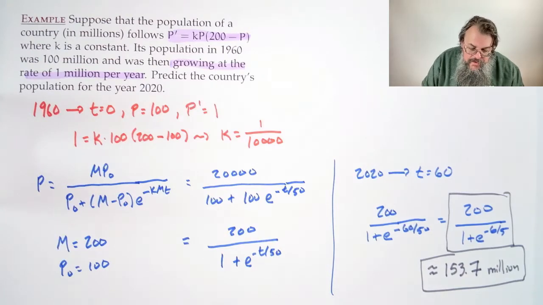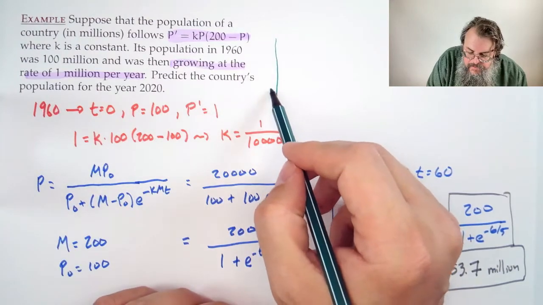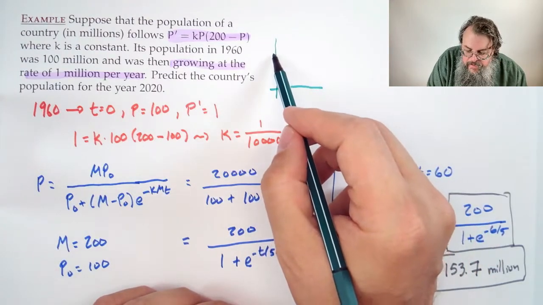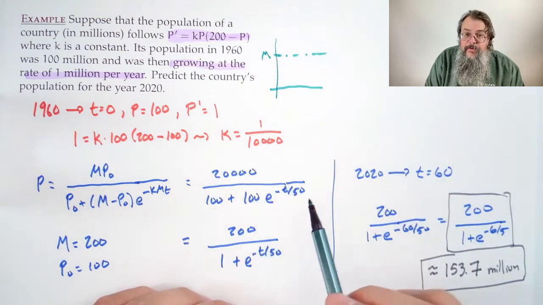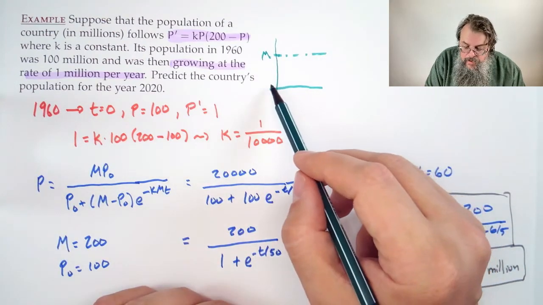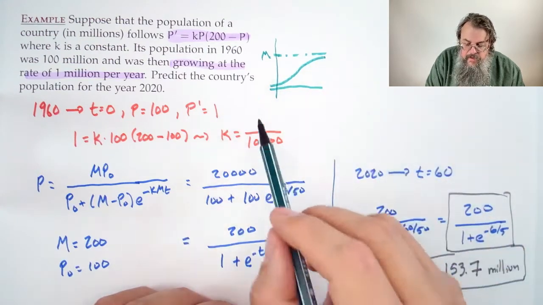Well, it turns out that if you are very careful, if you have your m, which in our case we know is 200, then what your population is going to do is something like that.